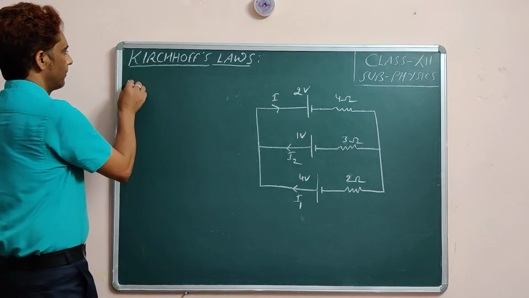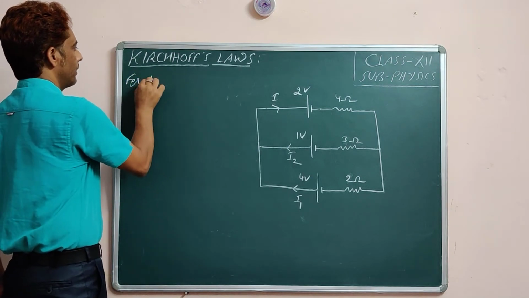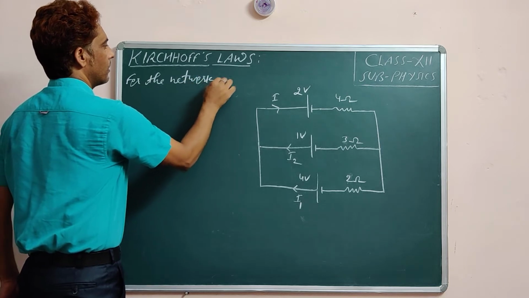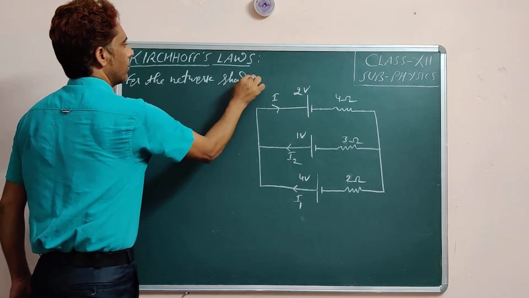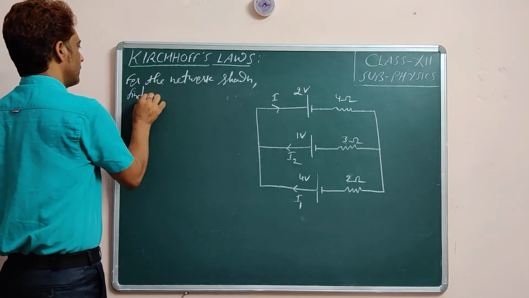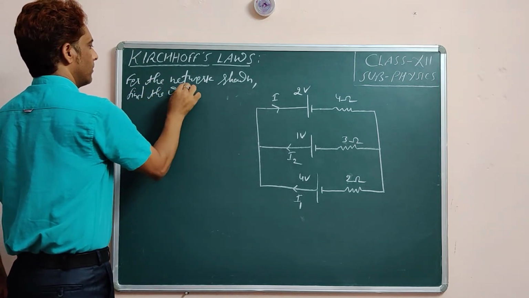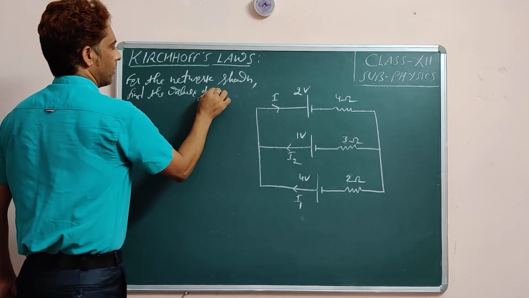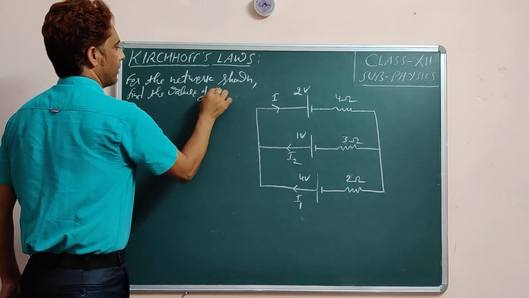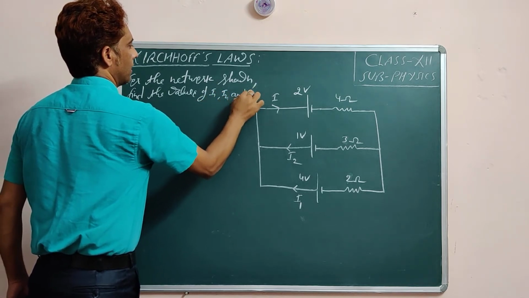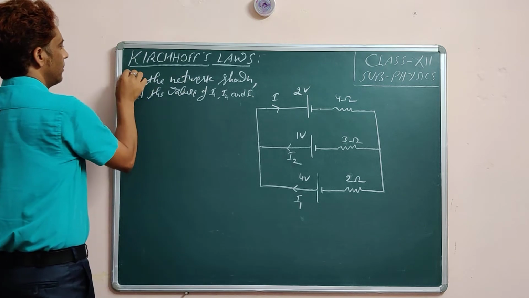So we can write for the question: for the network shown, find the values of I1, I2 and I. This is the question.